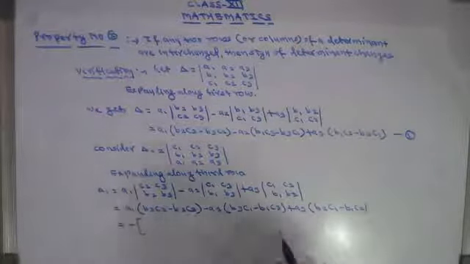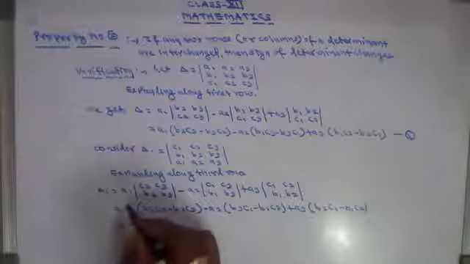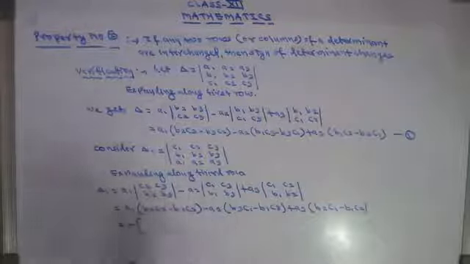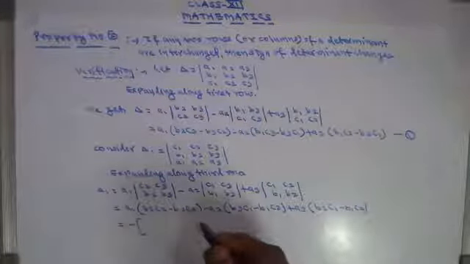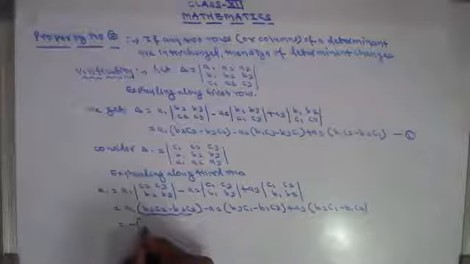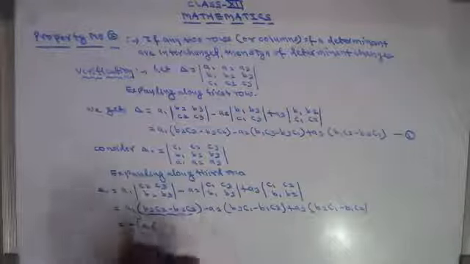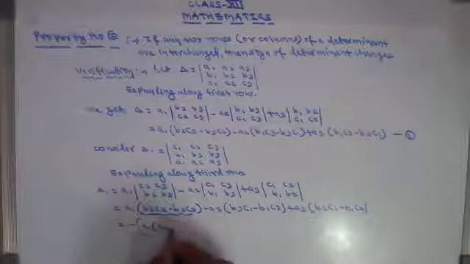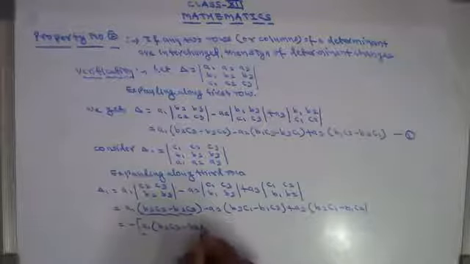Take minus common, so this term becomes A1 into B2 C3, the first term, B2 C3 minus B3 C2, right?